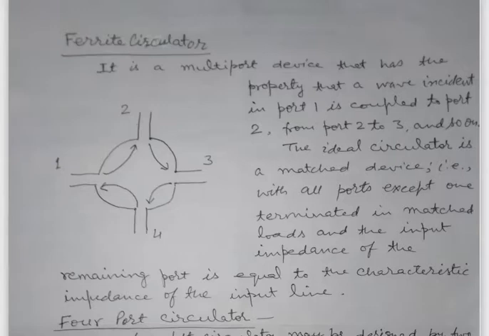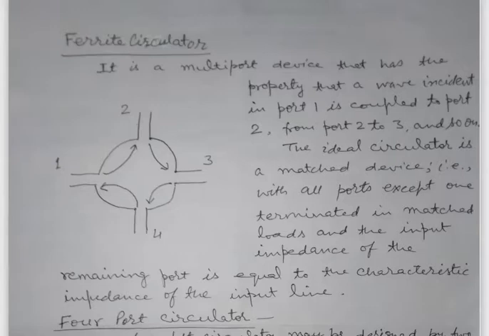In our previous lectures, we have discussed the Faraday rotation effect in ferrite materials, and also the construction, design and working of gyrator and ferrite isolator. Now in today's lecture we will discuss the construction, working and applications of 3-port and 4-port circulator.